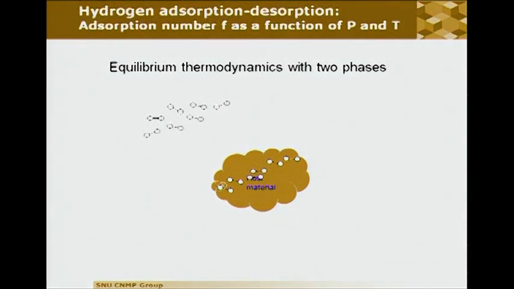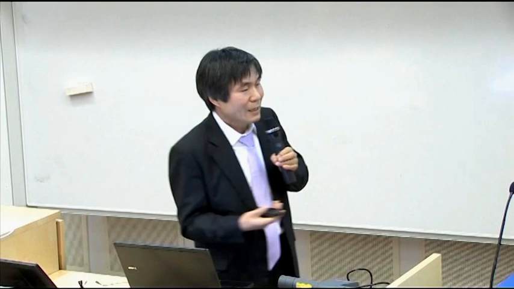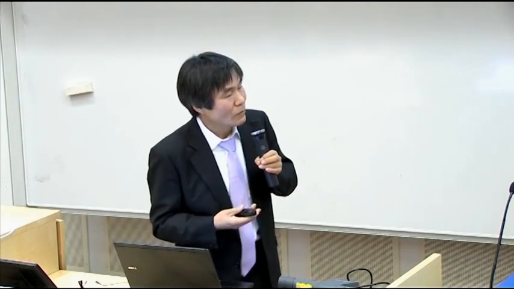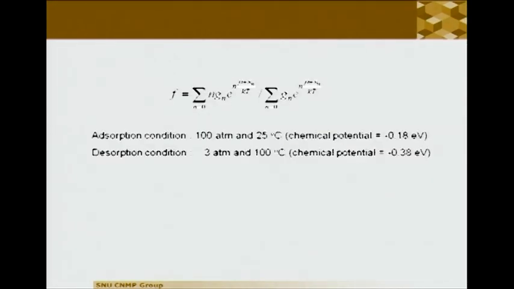That's for the storage phase. When you store it, you want to store as much hydrogen as possible. When you actually deliver it, when you release hydrogen to use as a fuel, the idea is very simple. We raise the temperature and lower the pressure. Then the probability decreases significantly. And this is the released hydrogen, and that's the part we are using for the fuel.